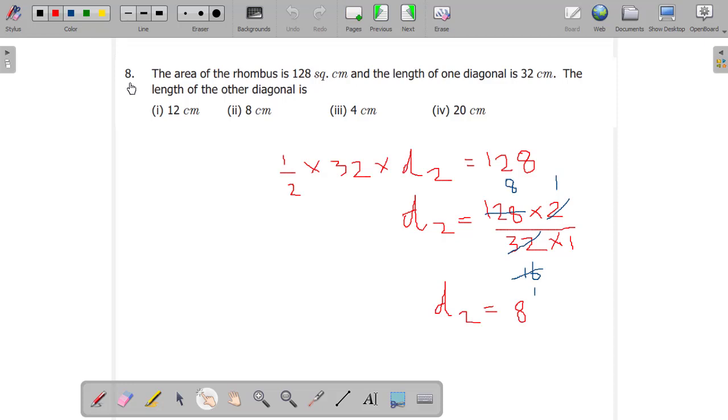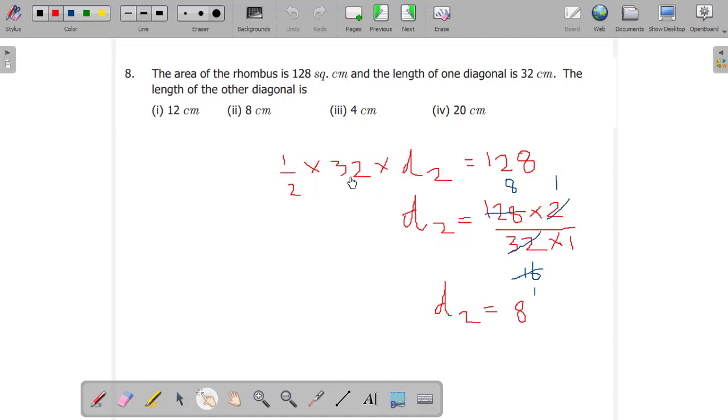Look at this problem, the eighth one. The area of the rhombus is 128 square centimeter and the length of one diagonal is 32 centimeter. The length of the other diagonal is? By using the formula we can get an equation: half into D1 into D2 is equal to 128. Here D1 is equal to 32 and the area is 128. So I put the values for the variables D1 and area. Then keeping the unknown value D2 on the left hand side, we can easily send the other elements to the right hand side. 1 by 2 will become 2 by 1.